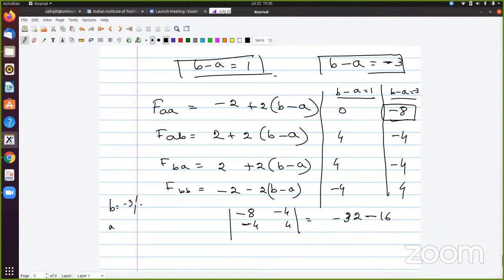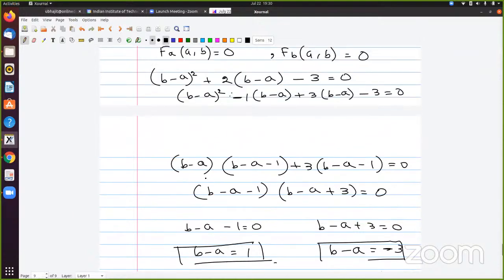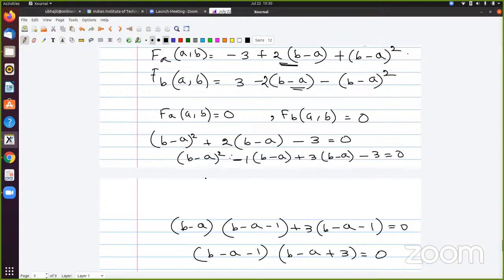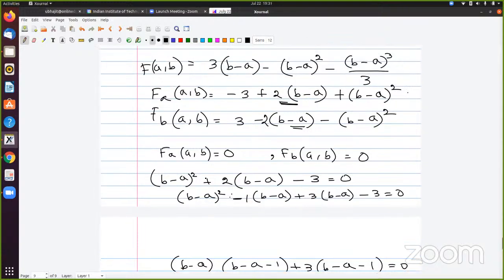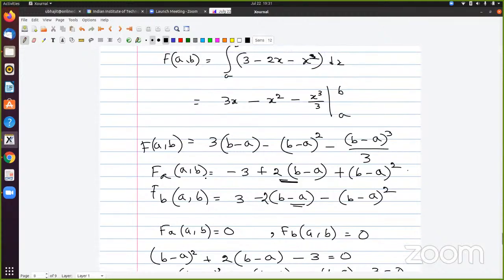And then accordingly, a is either -3 or 1. So I got 4 points. That should be like that, but I don't know why it came like this.